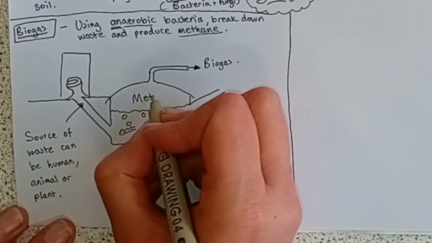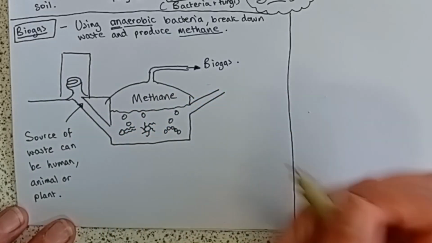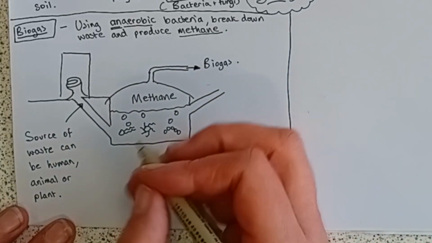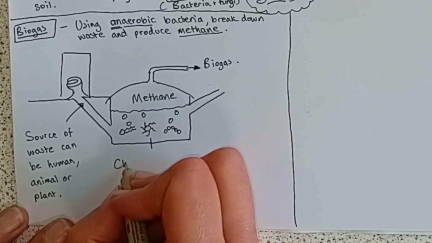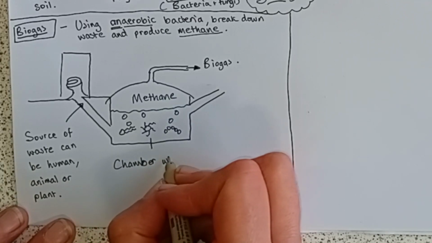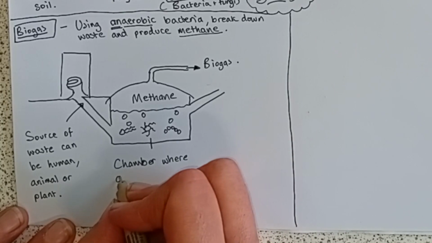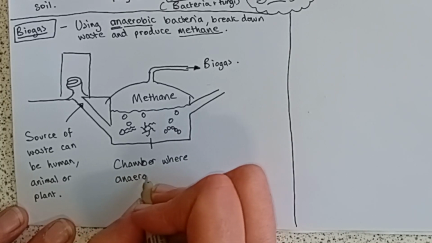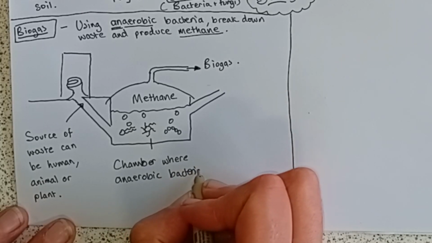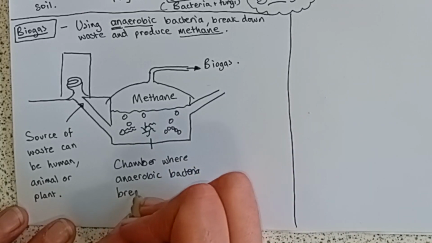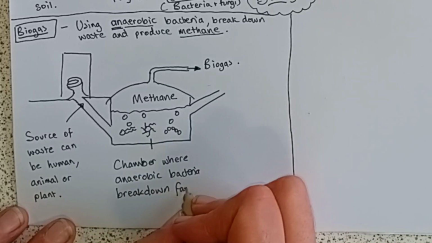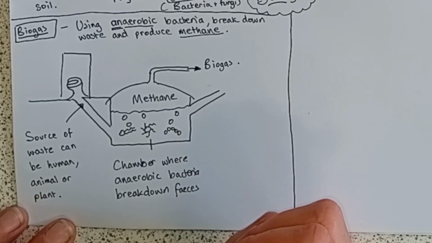So the methane will gather up here, and then it can be collected out of this pipe here. So this is the chamber where anaerobic bacteria break down, in this case, feces, but it could be any other waste.